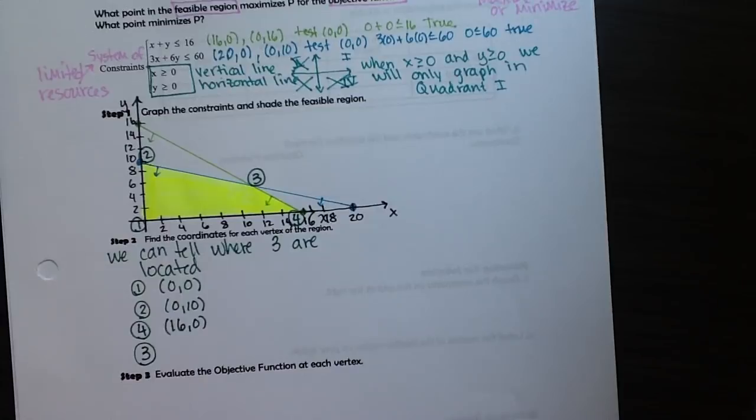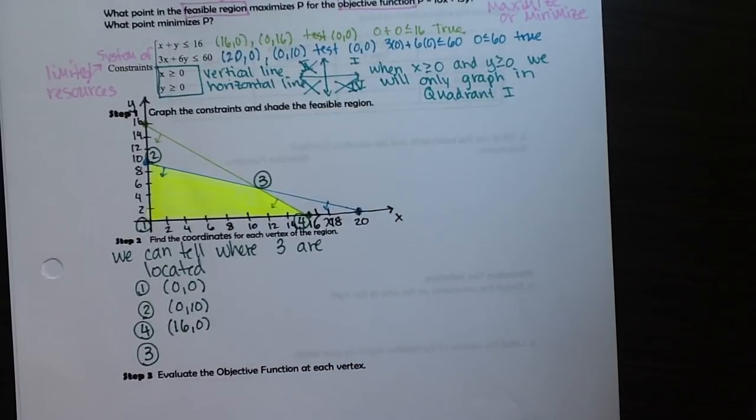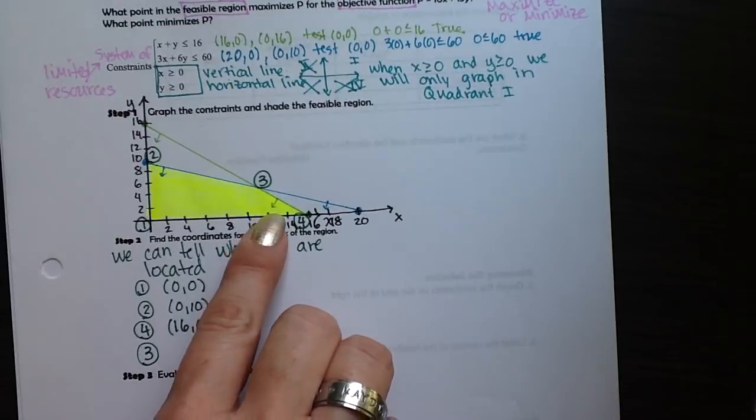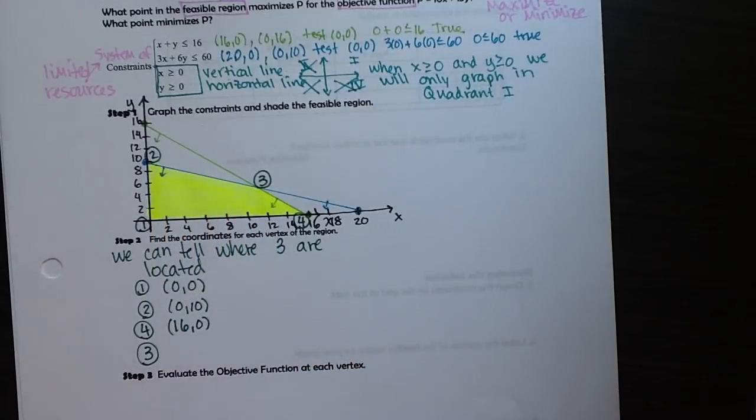We won't be using graph paper when we graph our linear programming problems, so you can't even kind of make a guess about where it is. I mean, we can kind of tell that it's in the neighborhood of about 11 or 12 on the x coordinate and maybe like 4 or 5 or something on the y coordinate, but we're going to actually have to find that intersection point.